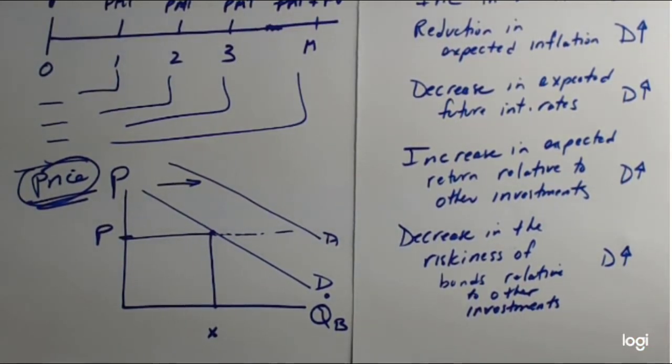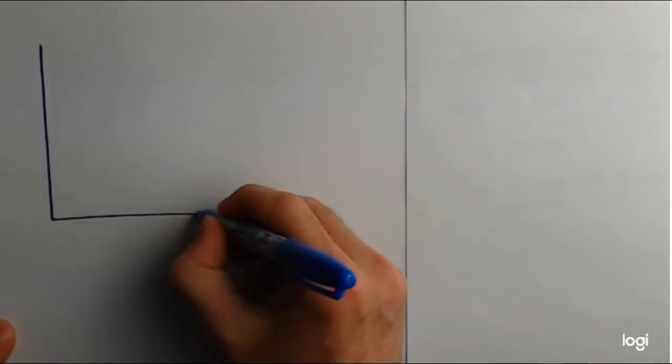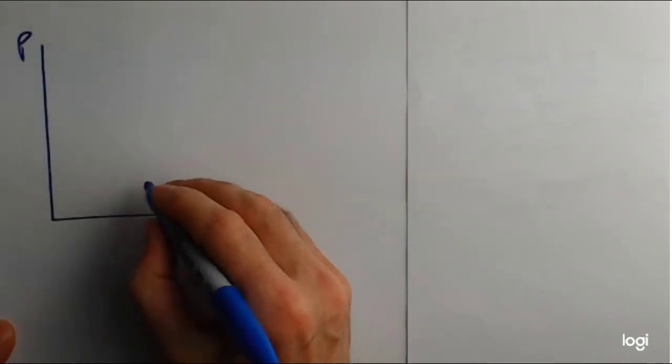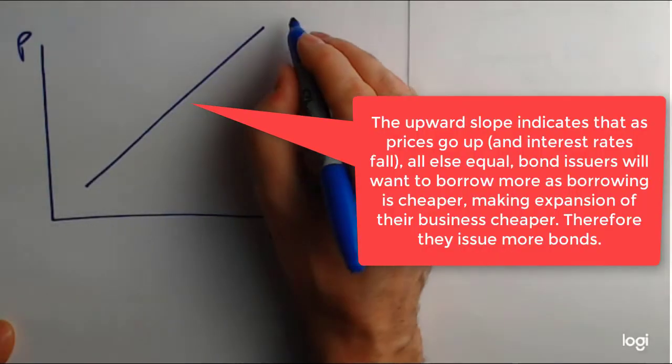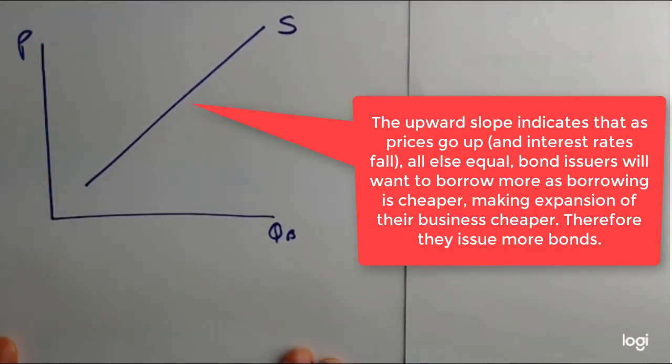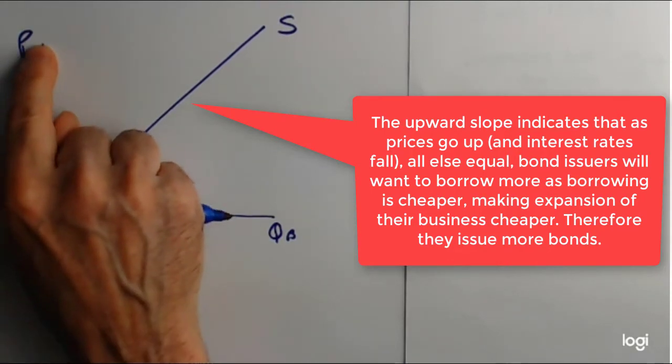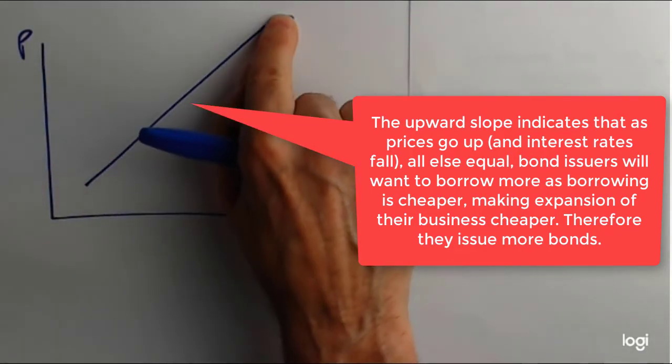Okay, so now with this, let's move on to the supply side. So now we have price, we have quantity of bonds supplied, and we have a supply curve. Again, if you just change price, you're going to be moving up and down this supply curve.